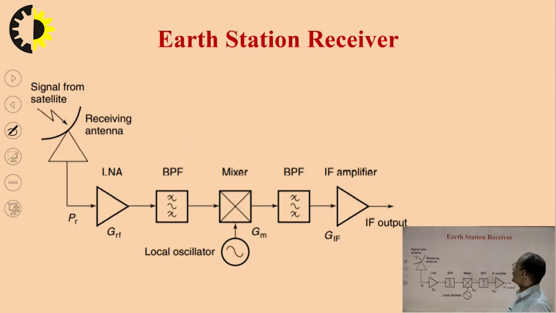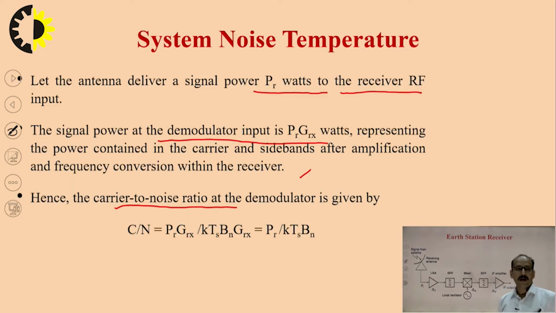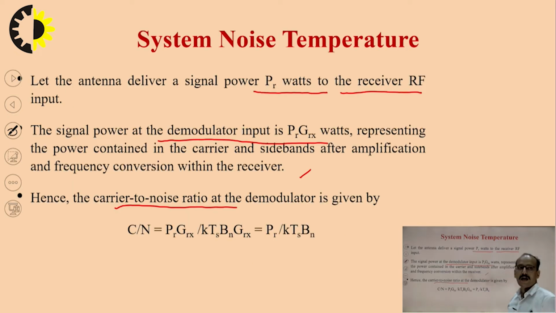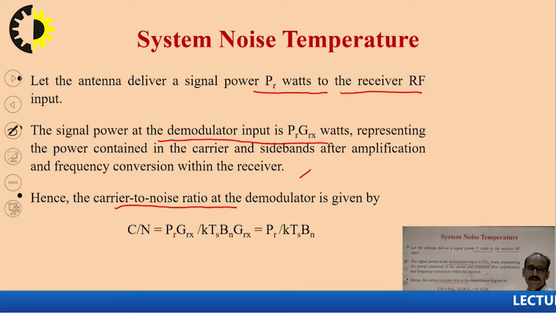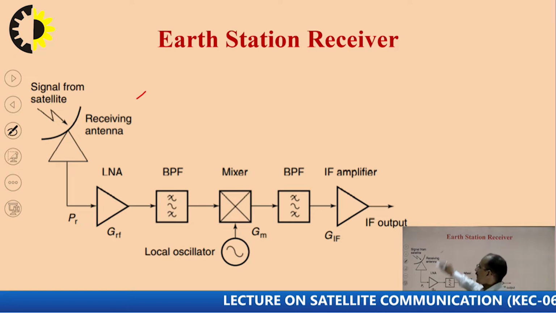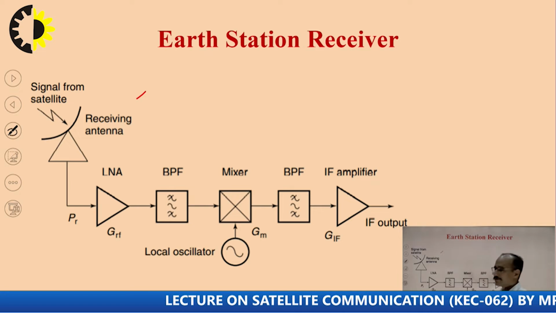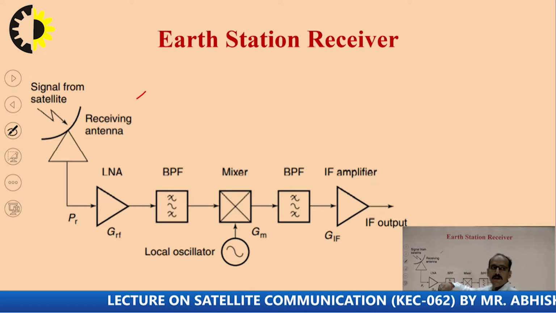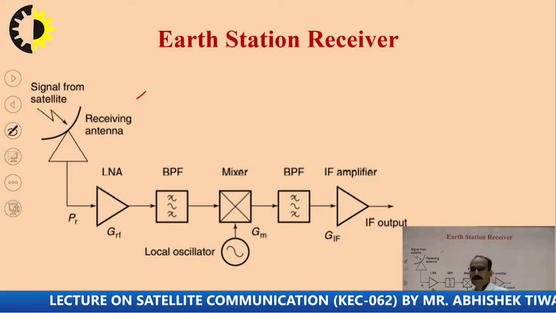This is the earth station receiver. As per this definition, or this calculation of system noise temperature, from here C by N, you are going to design this earth station receiver. Here you can see the earth station antenna, which is getting the signal from the satellite.